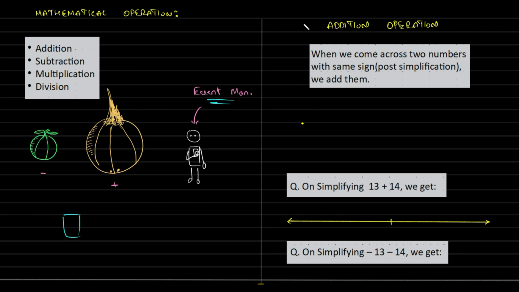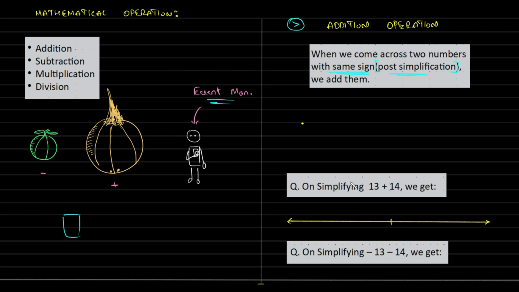Let's start off with the operation of addition. I have a small definition over here. When we come across two numbers with the same sign, we add them. In brackets, I have written post simplification. For this, I have a separate example so that you understand that clearly.